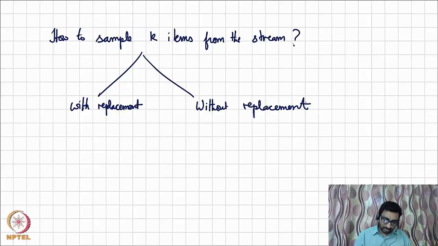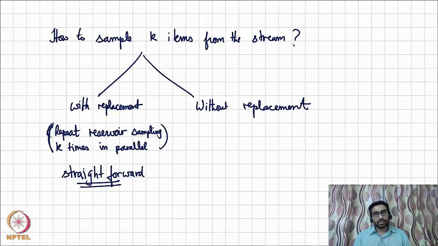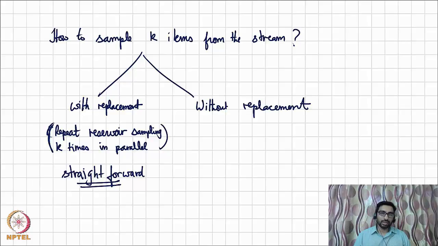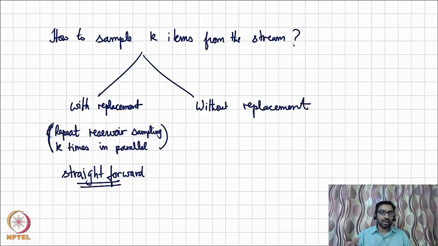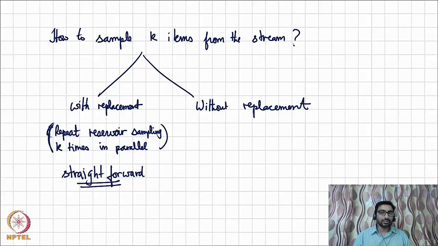So that's relatively straightforward. Let us now come to the aspect of sampling without replacement. So now, if you consider any subset of k items, it should be equally likely.